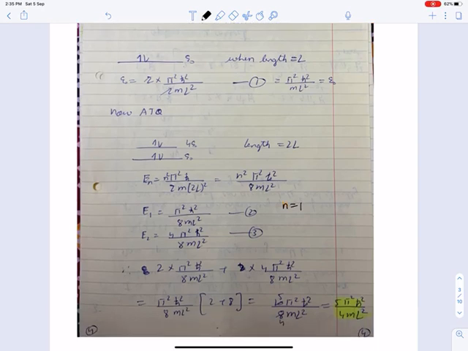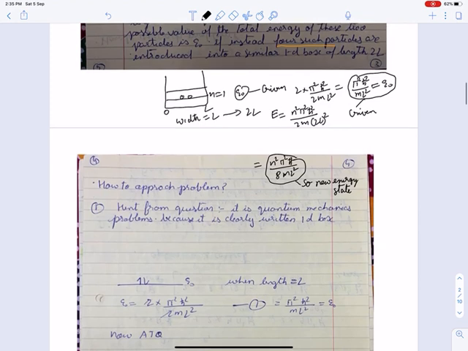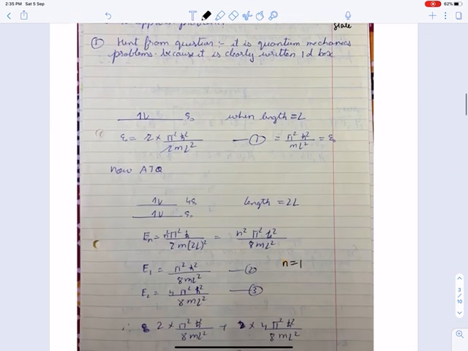Here there are two particles in the n equal to 1 state, so 2 into pi square h cut square upon 8mL square, and for the n equal to 2 state, 4 into pi square h cut square upon 8mL square.